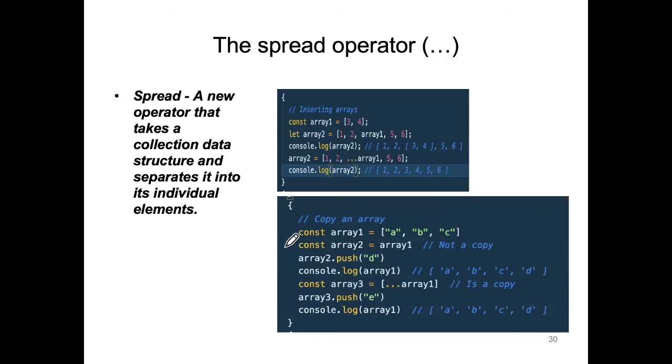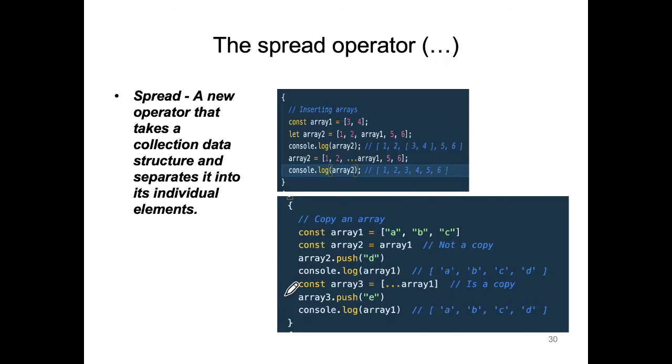So in other words, this line here is not achieving a copy in any sense. However, if I do it like this, if I say array 3 is equal to this expression here, what this does is it creates a completely new array, and the elements of that new array will be copied from array 1. But array 3 now is a completely separate array, and I can prove that to myself.